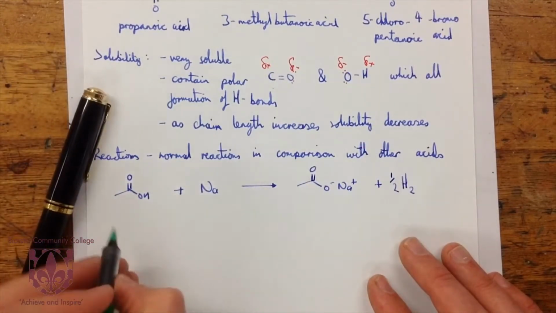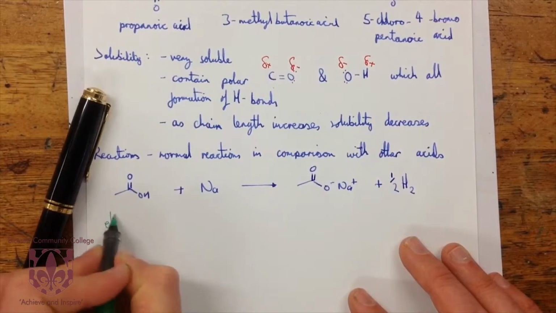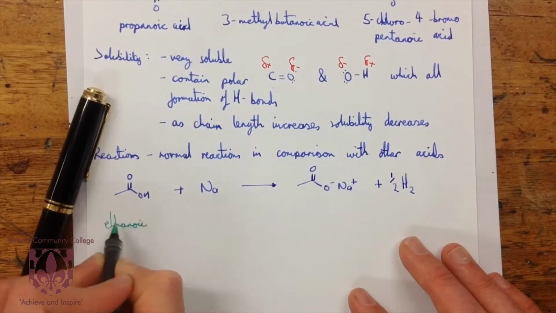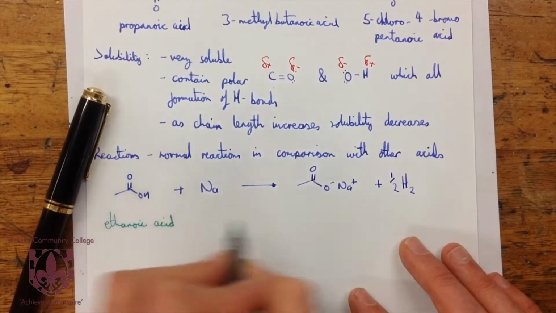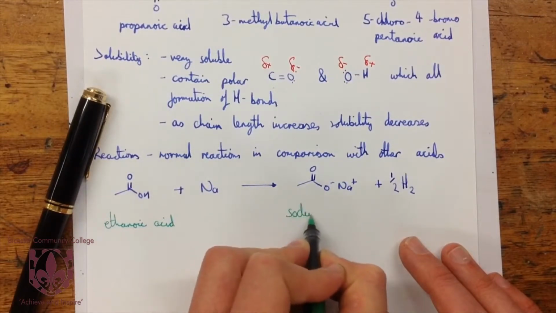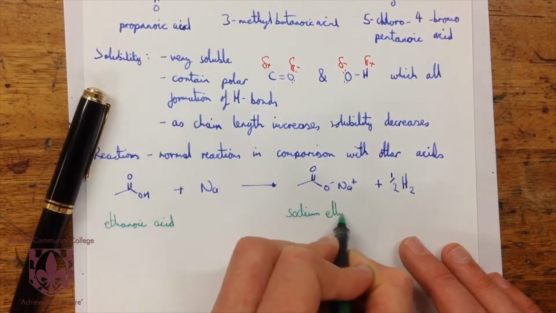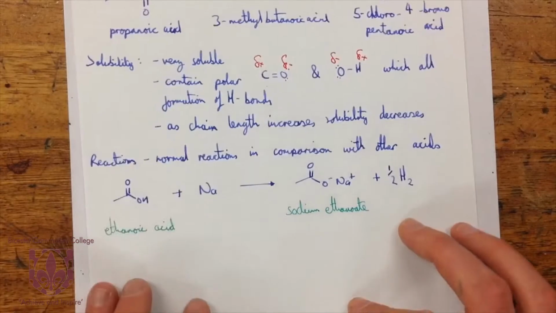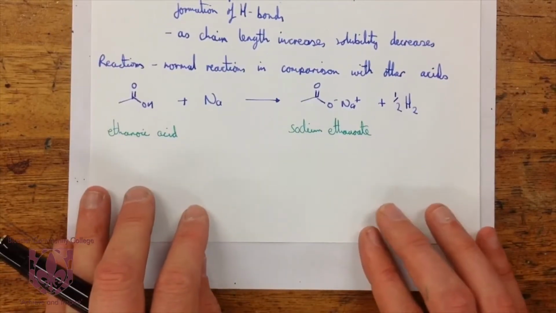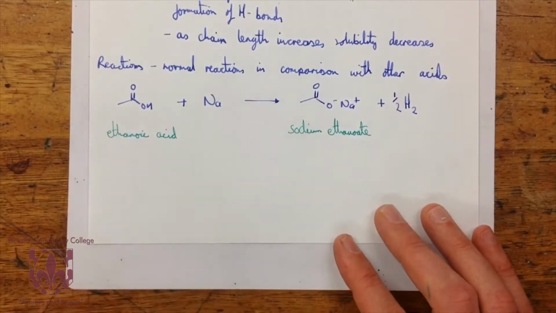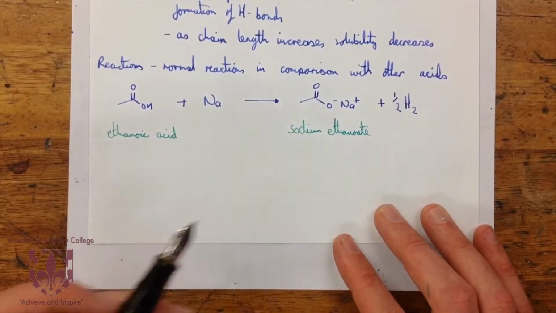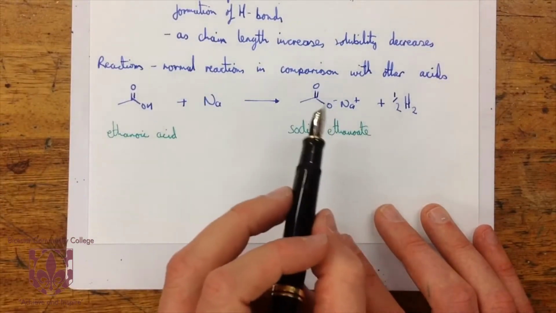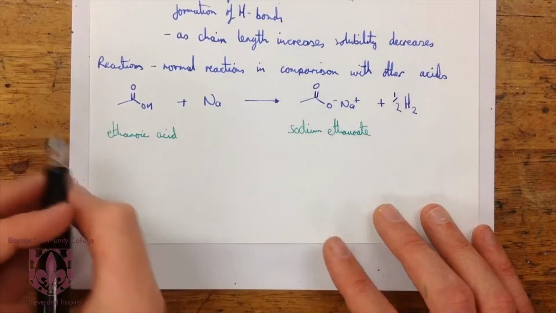This is ethanoic acid, and the salt we form is sodium ethanoate. So going back to our esters, when we are struggling to name them because of the acid and alcohol thing, getting them confused, the reason they're that way around is because the acid is the one that forms this anoate ion.